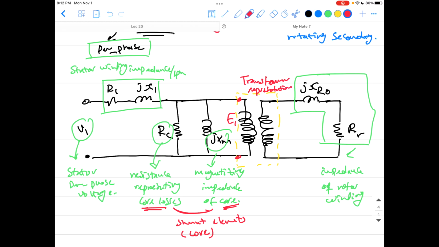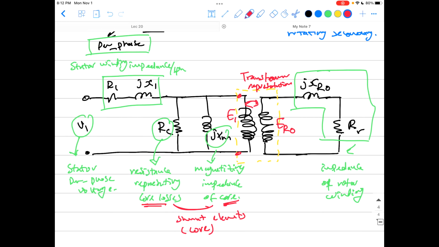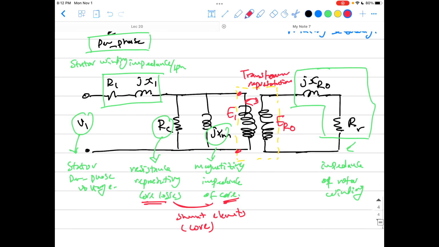Okay? And this will be transferred from this side to this side, and the induced voltage on the other side, we call it E rotor, but I'm calling it E rotor 0 also. Why I'm saying that, I'll explain in a minute. But now that is the whole equivalent circuit of the three-phase induction motor.